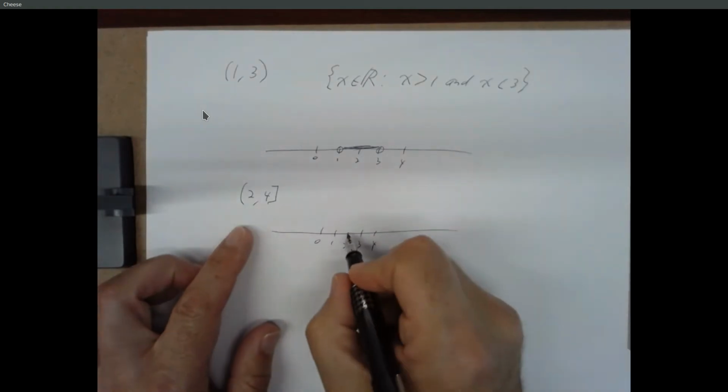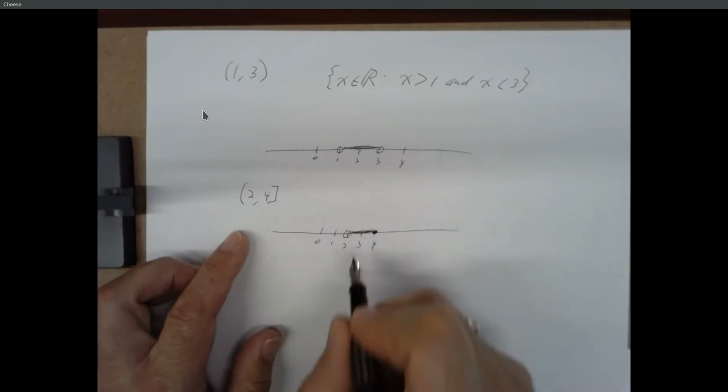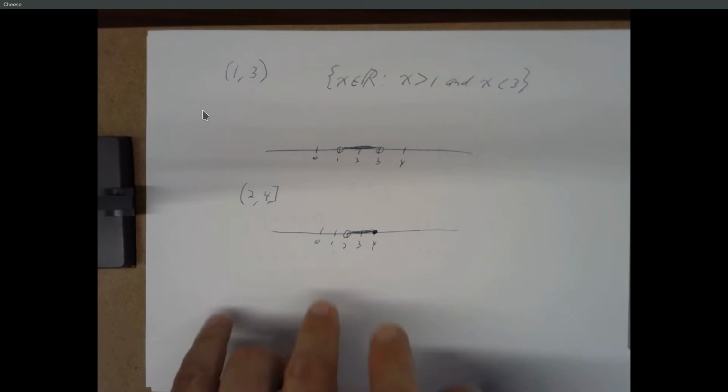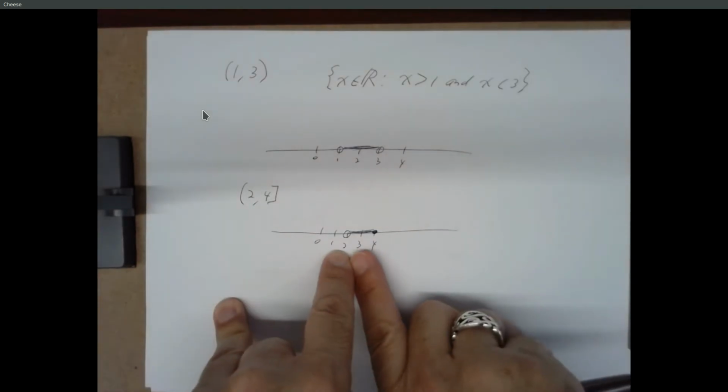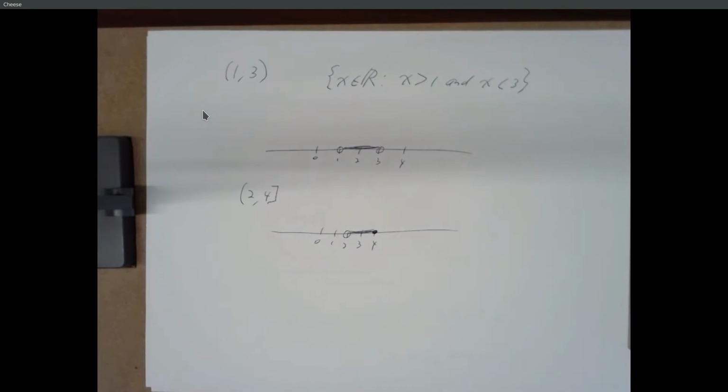So it's everything bigger than 2, but everything less than or equal to 4, and all the stuff in between. So usually for these kinds of things we can draw a circle if we say don't actually color in that number, or we can draw a big dot to say it includes that number. All right, good on those.